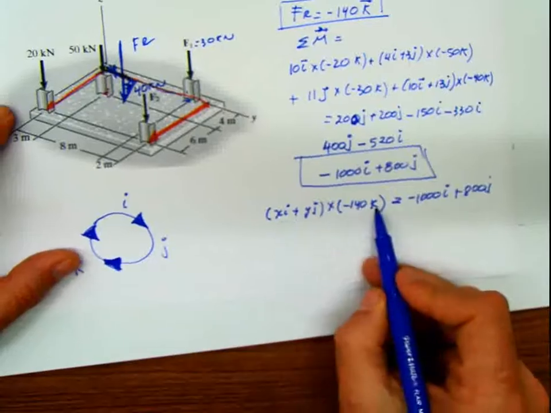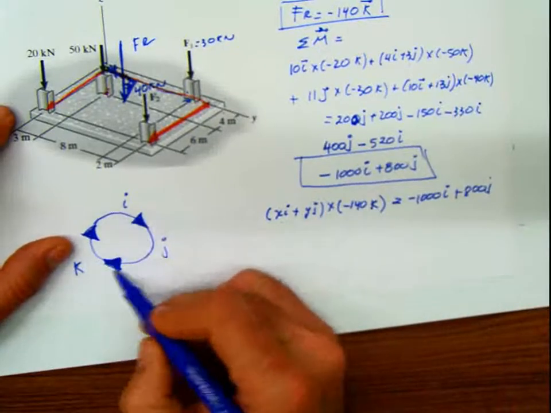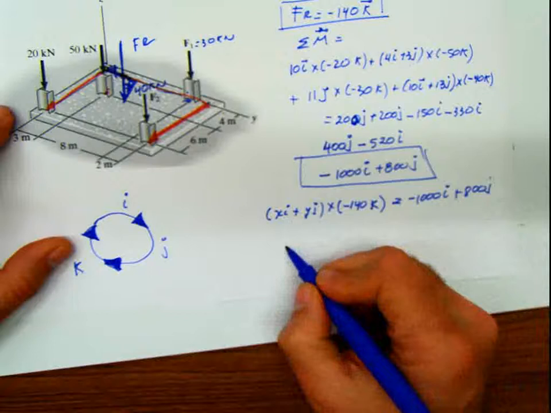i cross k is negative j, times negative is positive j.